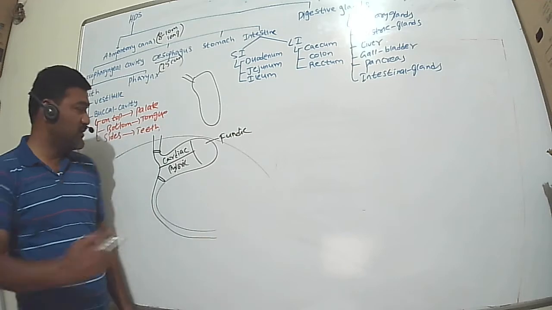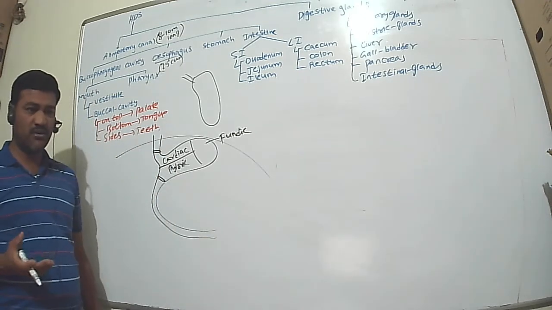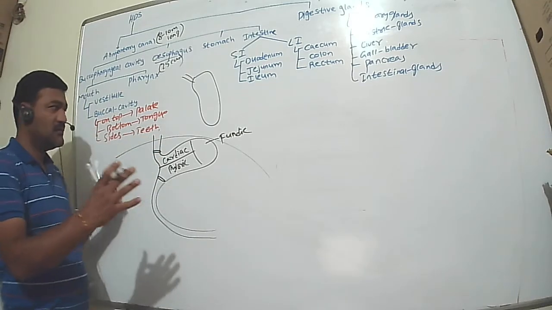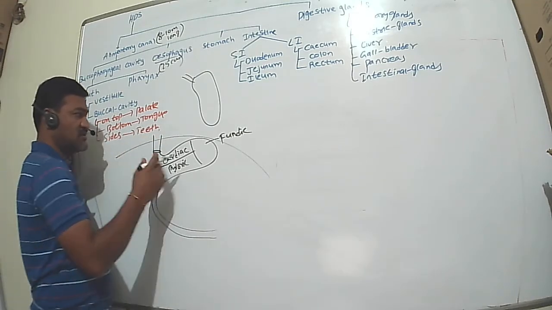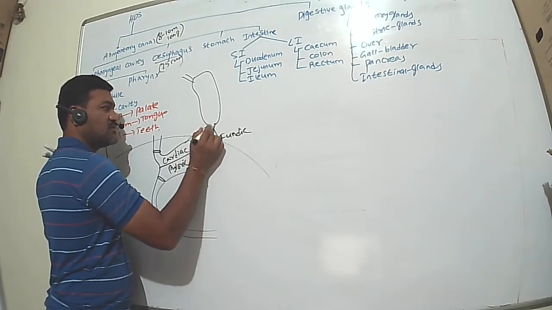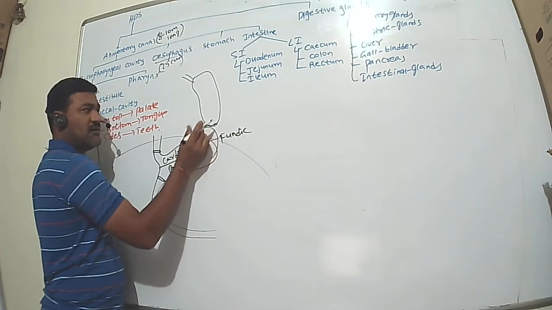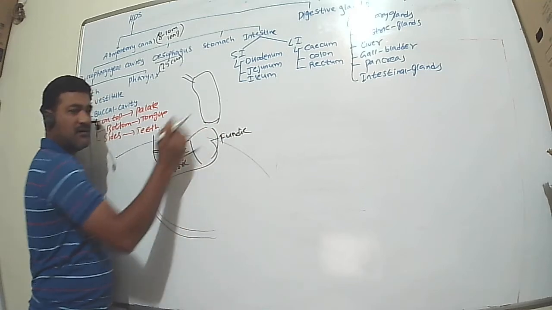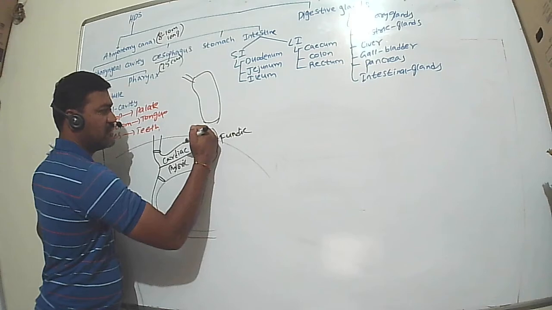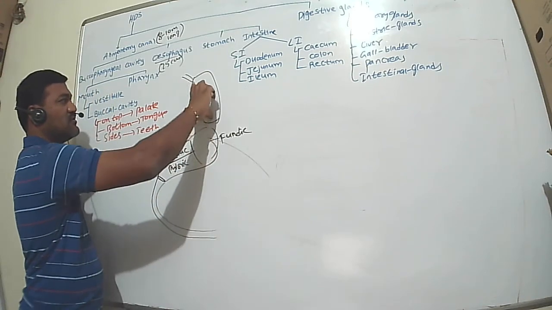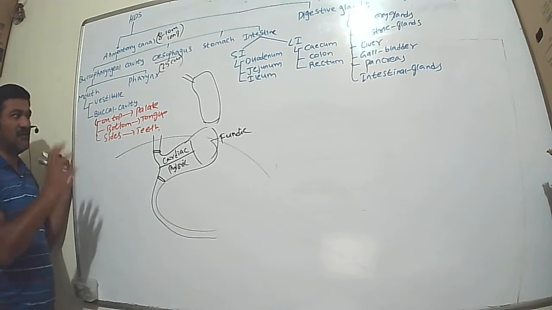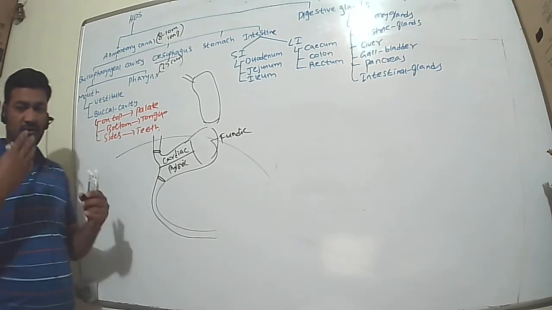Left side. Sometimes when people overload their stomach with too much food, the stomach expands and they get suffocation. Why? Because when the stomach expands, this fundic part pushes the diaphragm, and the diaphragm pushes the lower lobes of the left lung, which causes less lung volume, less lung capacity, and that will increase the rate of breathing.